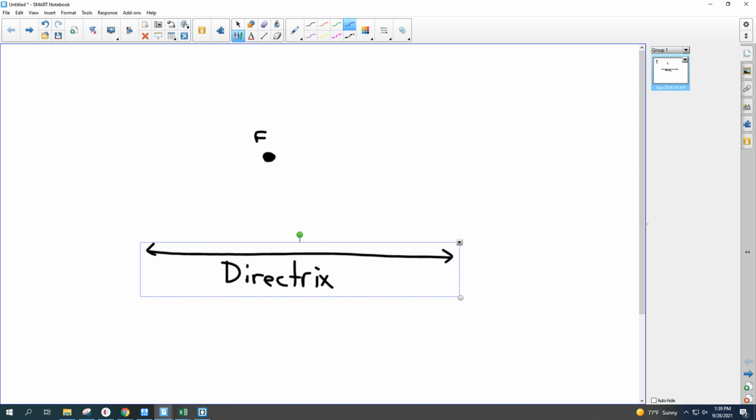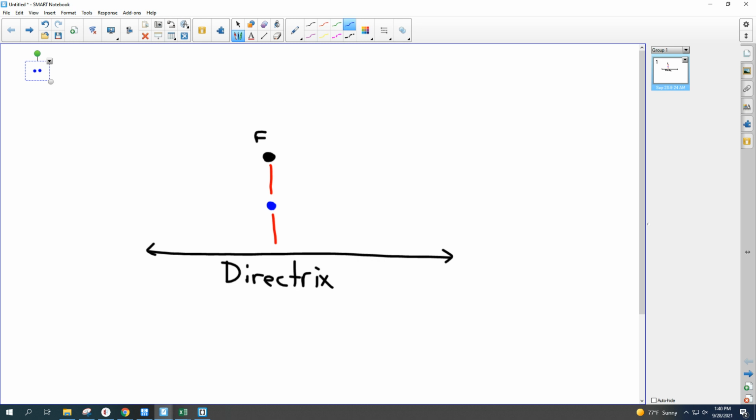A parabola is the set of all points that are equidistant from both of those things. So obviously right in the middle, there would be a point. The distance from this point to point F and the distance from the directrix to that point are the same.